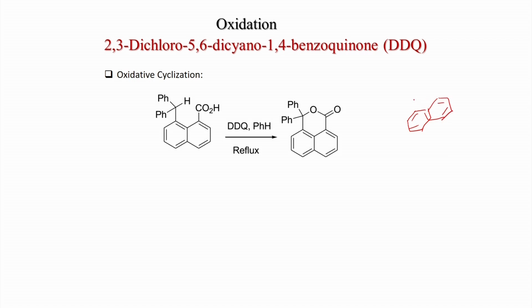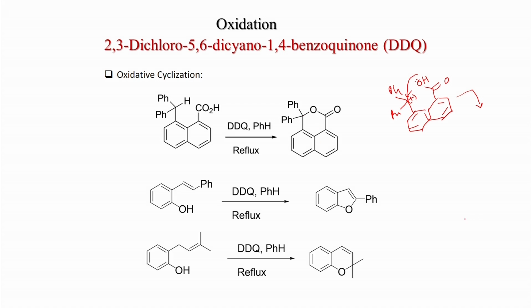Here also you get a carbocation, and this is reacting with the carboxylic acid, maybe the anion of the carboxylic acid, and you get this compound, because this is a 6-member ring formation. So, this is quite facile.